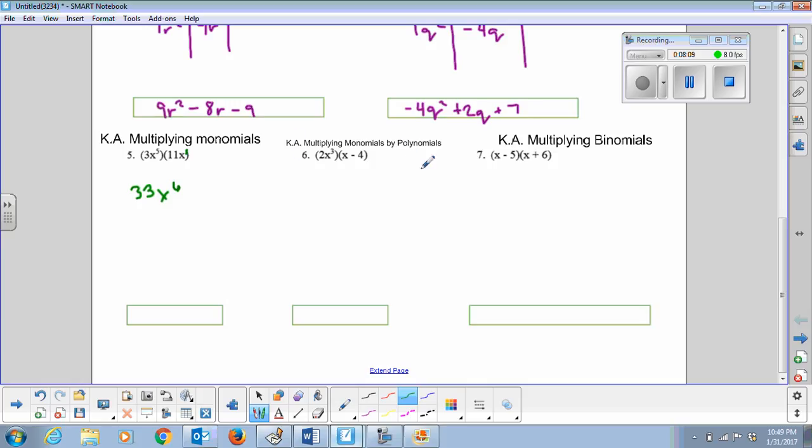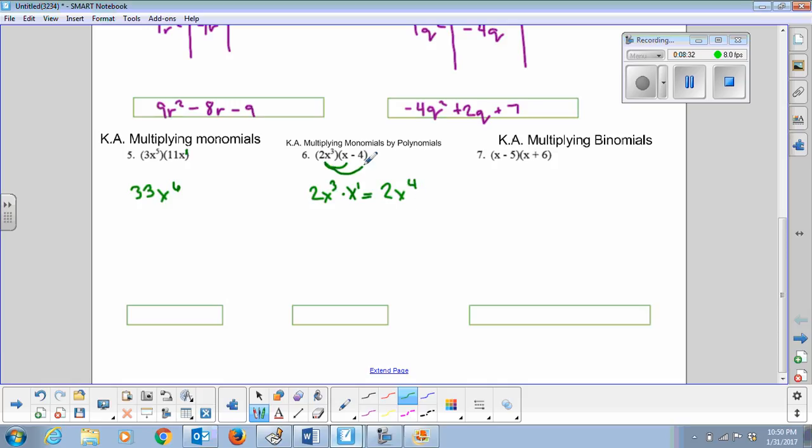So for number 6, this was also worth 2 points, and this was the multiplying monomials by polynomials lesson. So this one you would have had 2x cubed times x. And that is the same as 2 times 1, so that's 2. My base is x, and then it's 3 plus that invisible 1, which gives me 4.